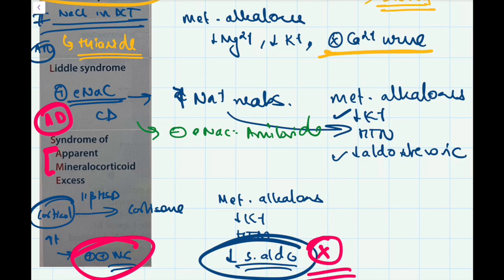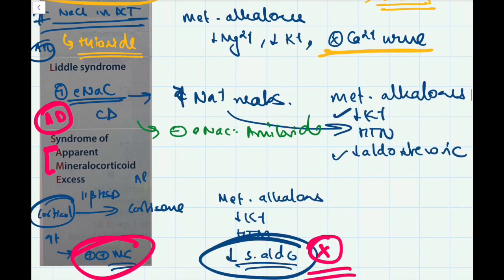SAME is also an autosomal recessive disorder, and it can also be due to consumption of licorice that contains glycyrrhetinic acid, which blocks the activity of 11 beta HSD, or 11 beta hydroxysteroid dehydrogenase.